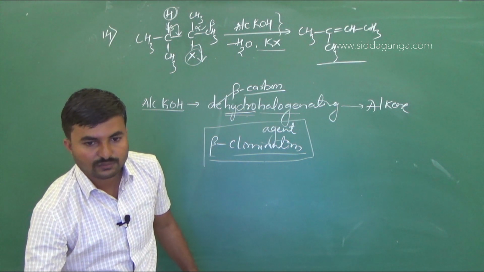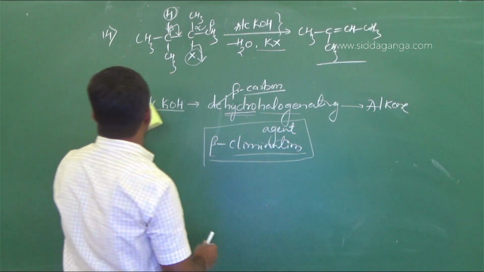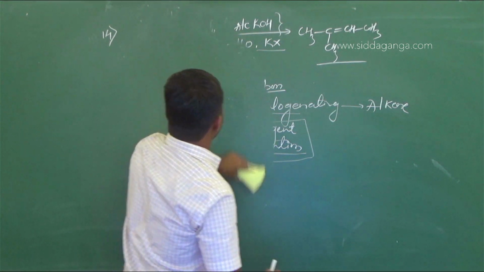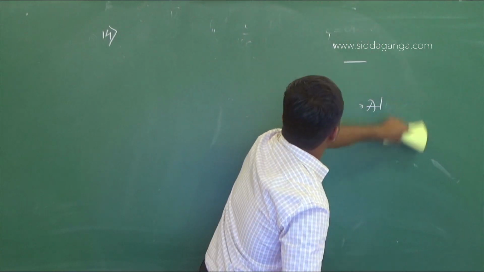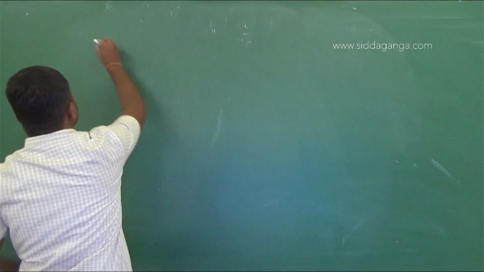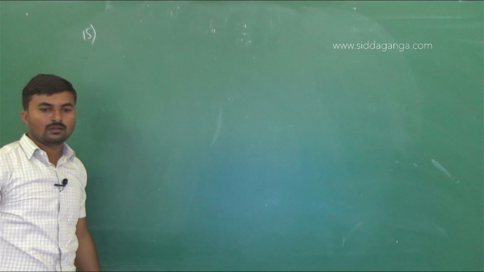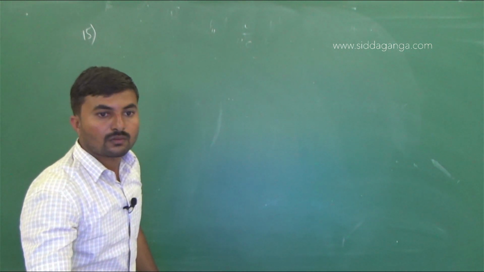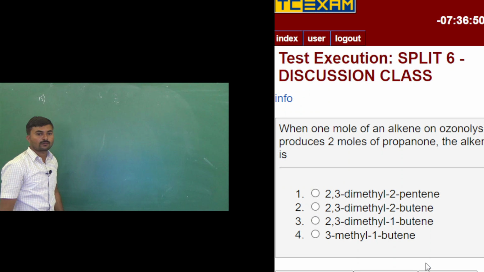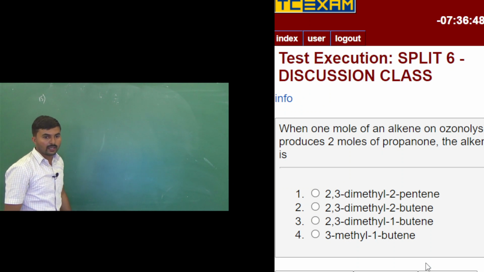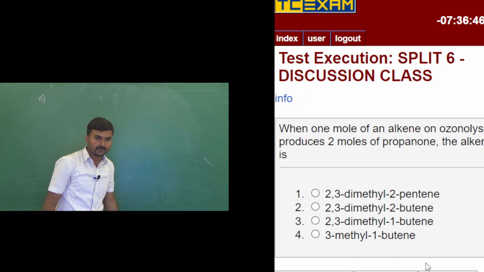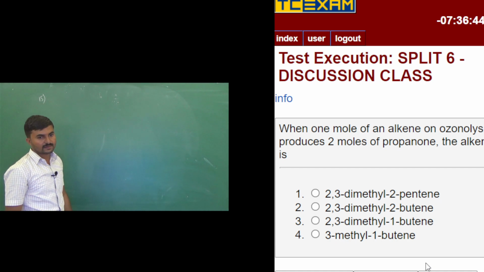So the next question, number 15. Question number 15 is like this. When 1 mole of an alkene on ozonolysis produces 2 moles of propanone, the alkene is?